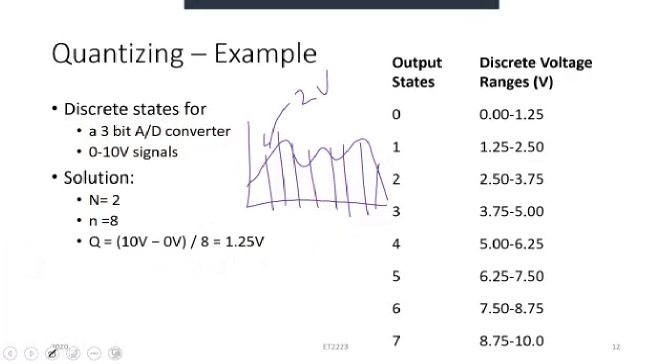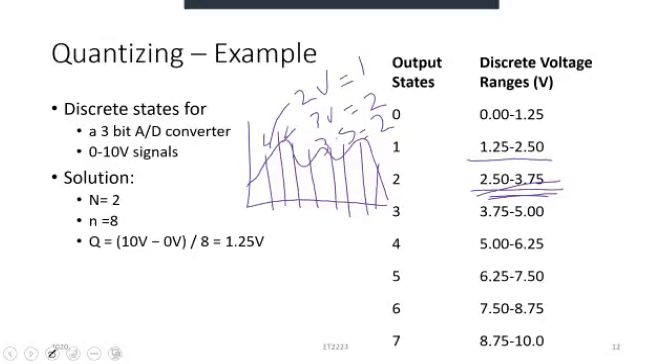So then 2 volts is going to be in this range, so it is going to get the state 1. Then we get 3 volts, and 3 is going to be in this range. So now we get a 3.5. 3.5 is also going to be in this range, so that is also going to be the same.